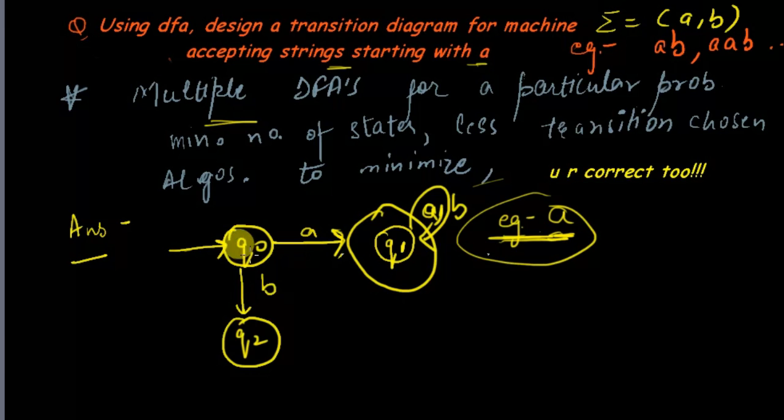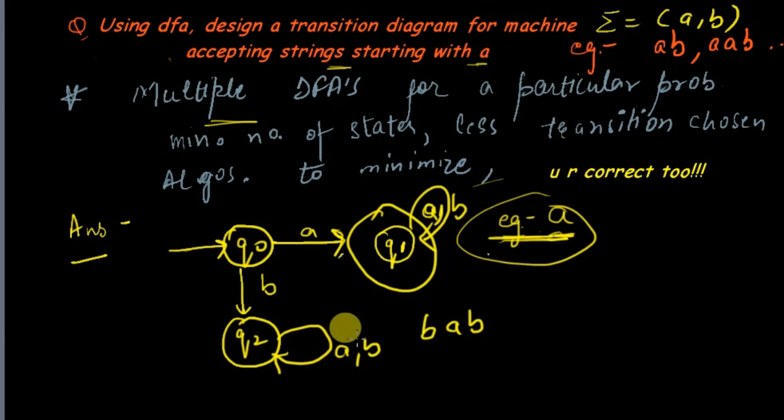And coming back onto Q2, if a string like BAB is encountered, I must be on this state only, as the string can't be accepted. So this A and B can be put here.